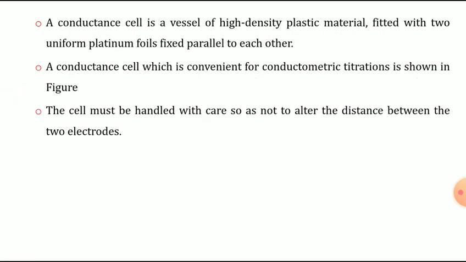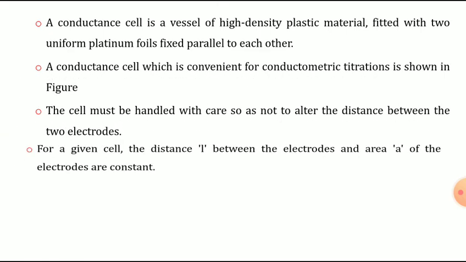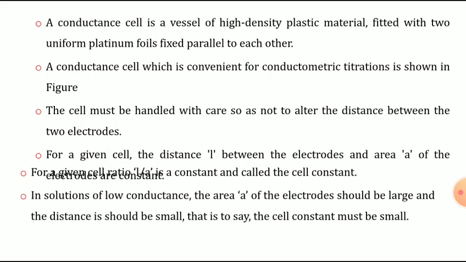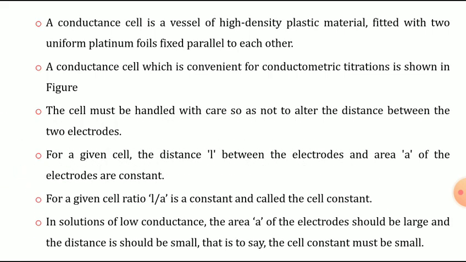The cell must be handled with care so as not to alter the distance between the two electrodes. For a given cell, the distance L between the electrodes and the area A of the electrode are constant. For a given cell, the ratio L by A is a constant, called the cell constant.